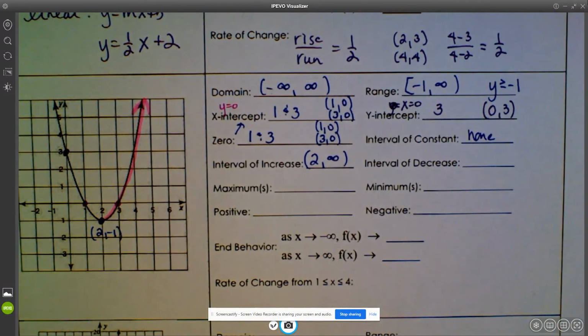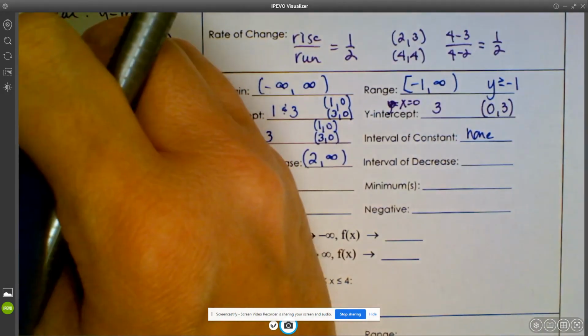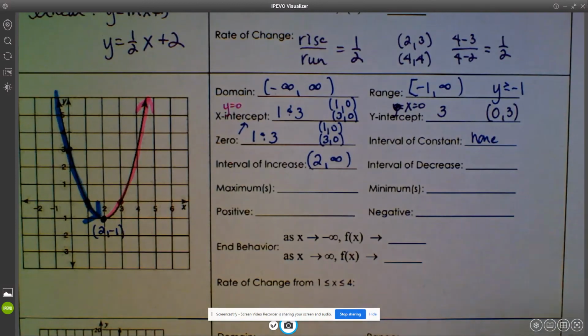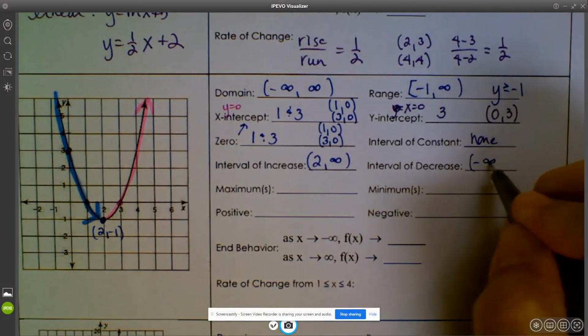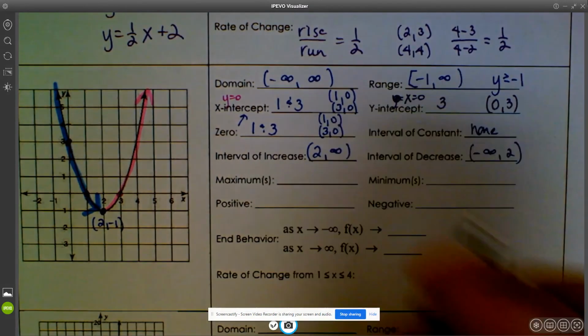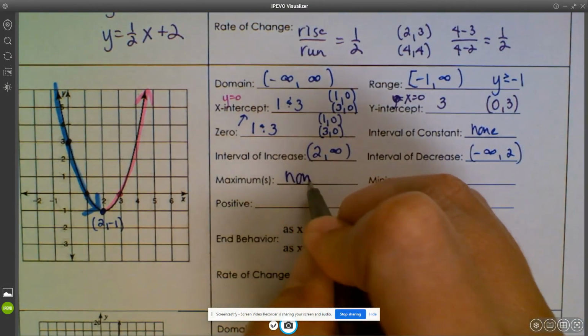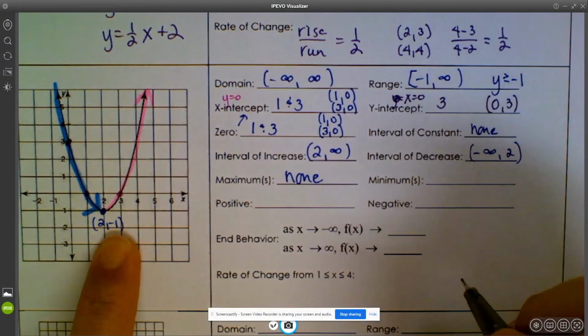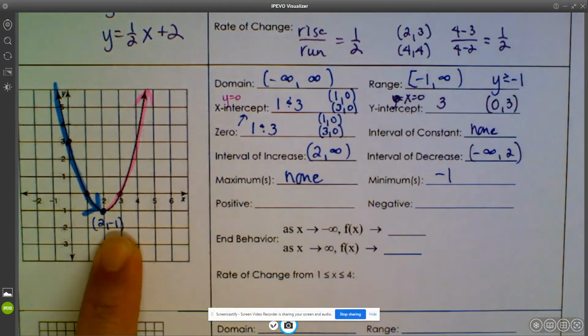And then where is this graph going downhill? Well, it's going downhill here. So from negative infinity to 2. Is there a maximum value? No. Is there a minimum value? Yes, it's the y coordinate.